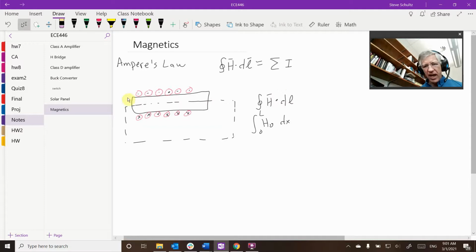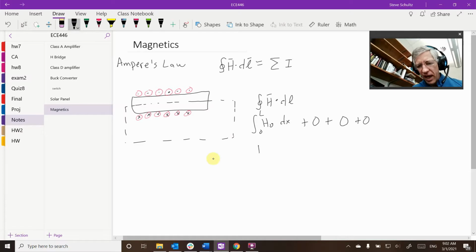And then we have these two side pieces, and in these two side pieces, my magnetic field is going to be perpendicular. So that's going to be 0 for one side, 0 for the other side. And then this one here, we're going to assume this is a long ways away. So this one's going to be 0 also. Okay.